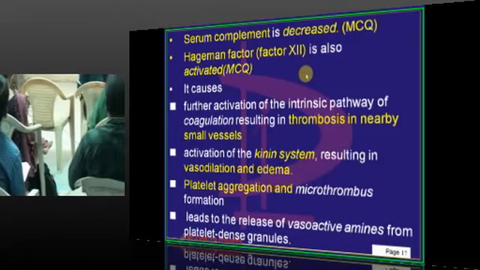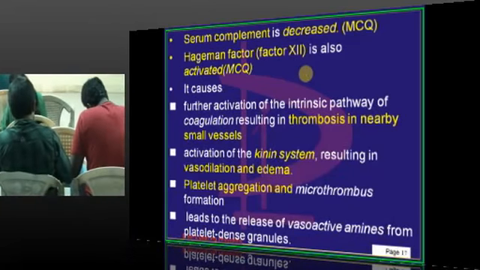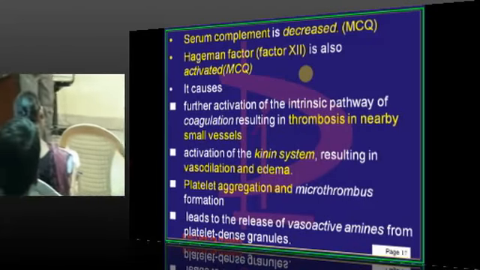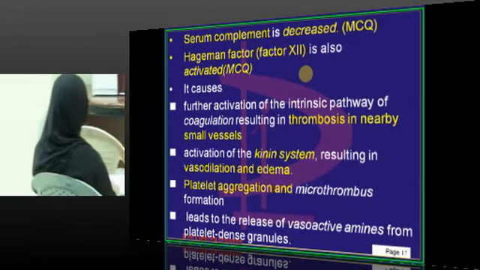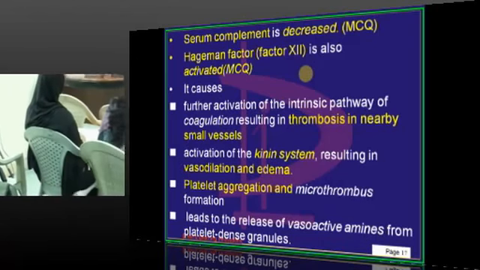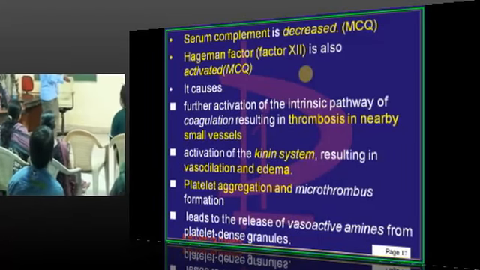Then what else will happen when those immune complexes, what else will they do? They will call a lot of inflammatory mediators to be attracted to the place where the immune complex got deposited. Hageman's factor will arrive.